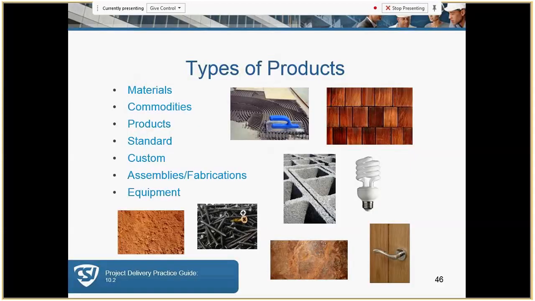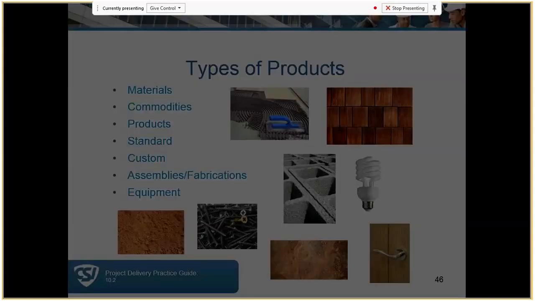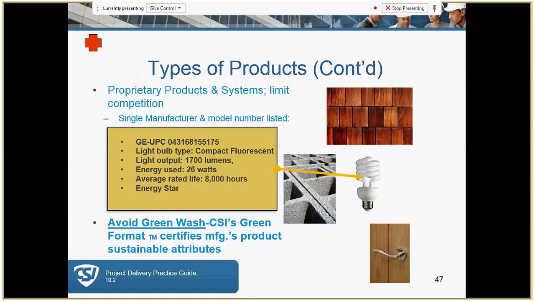Types of products: materials, commodities, standards, custom, assemblies, fabrication, and equipment. And we've got the plus sign here. We're going to talk about proprietary products and systems where we want to limit competition.